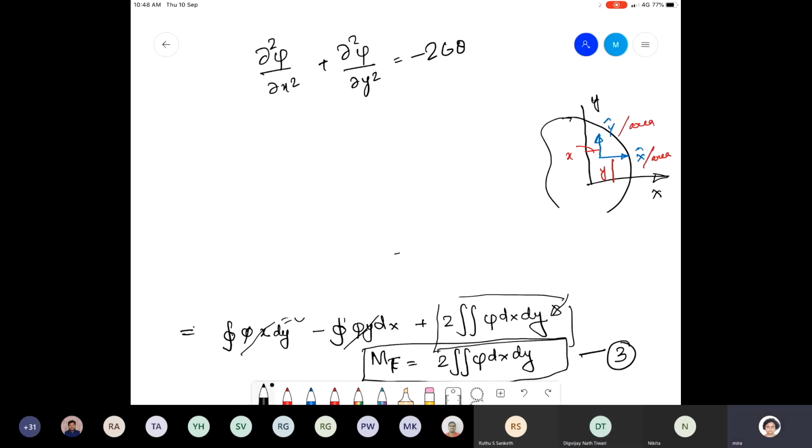I will have to have G and theta in my phi, otherwise I'll not be able to satisfy this equation. Okay.